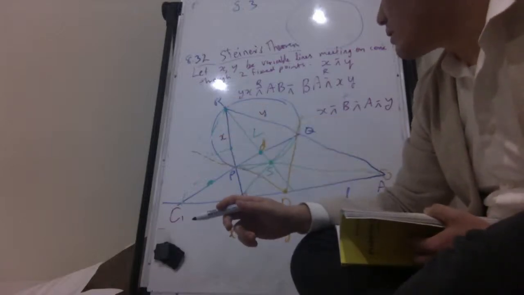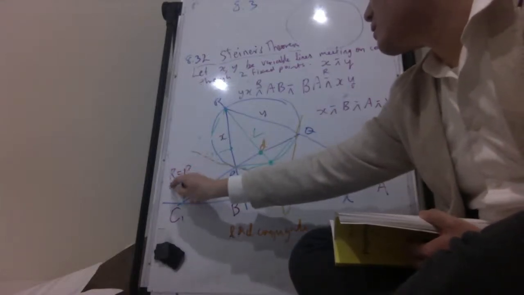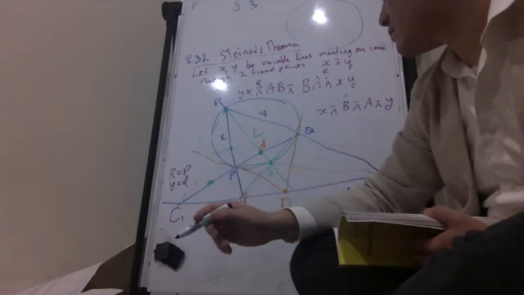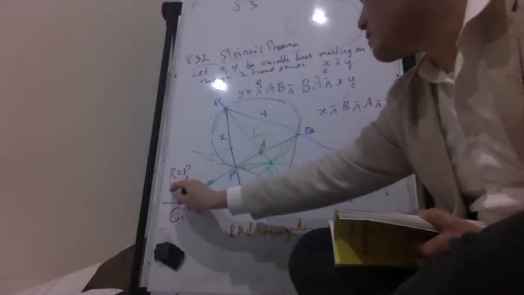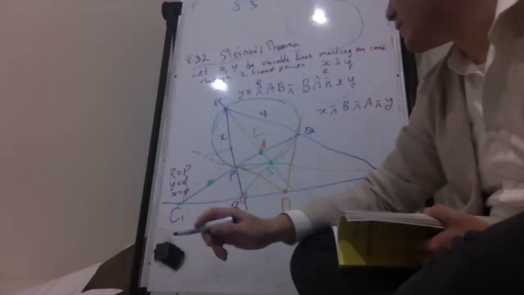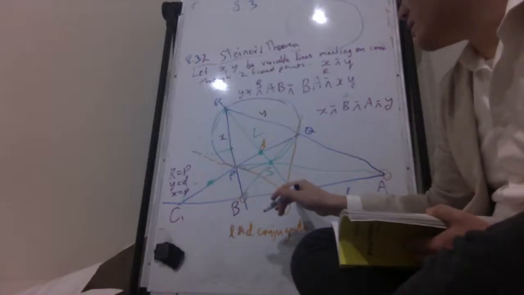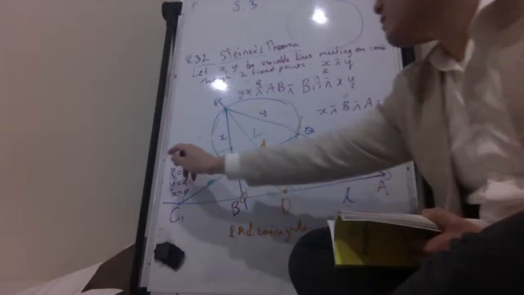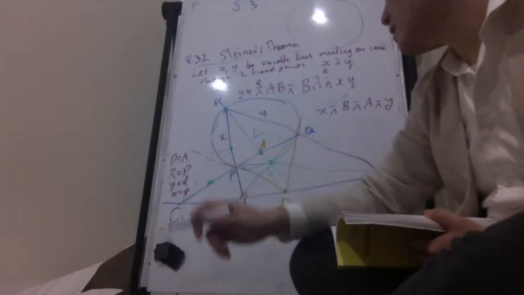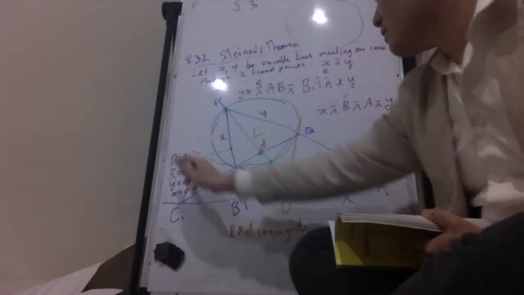If R equals P, then little y equals d, and little x becomes the tangent at P, little p. Big D becomes A, and C1 becomes B.